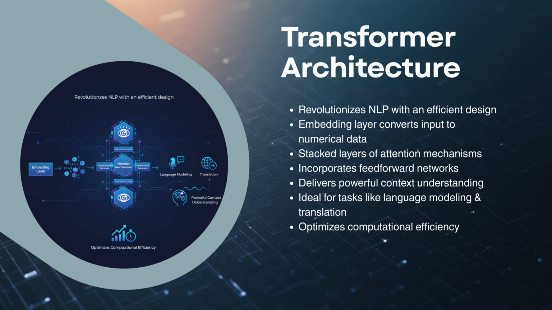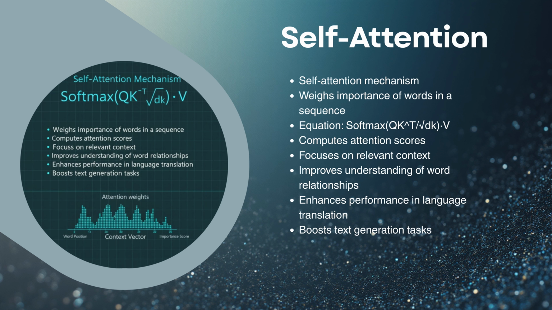Now, let's open the black box of attention. Self-attention lets every token weigh other tokens in its context. We first linearly project hidden states into queries Q, keys K, and values V. Then we compute scaled dot products, QK transpose, divide by the square root of the key dimension, apply softmax to get attention weights, and finally form a weighted sum of the values V. Intuitively, a token asks, which other positions are relevant to me, and gathers information accordingly.